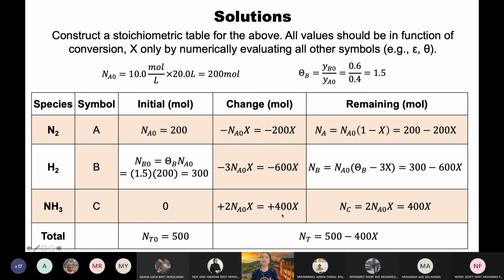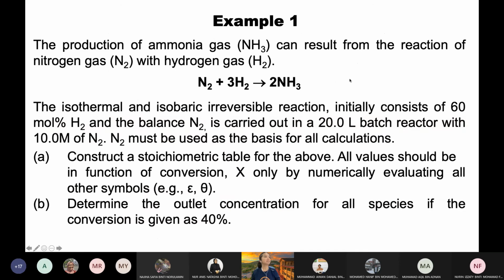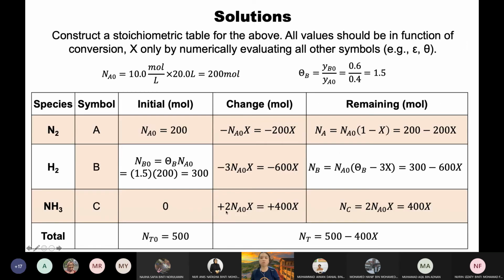What about the change? For ammonia, it's a product, so it is positively formed. So plus C per A NA0x. Again, C per A is the stoichiometric coefficient. If you look at the chemical equation, the number in front of C, ammonia, is 2, and A is 1. So plus 2 over 1 multiplied with NA0 200 multiplied with x.